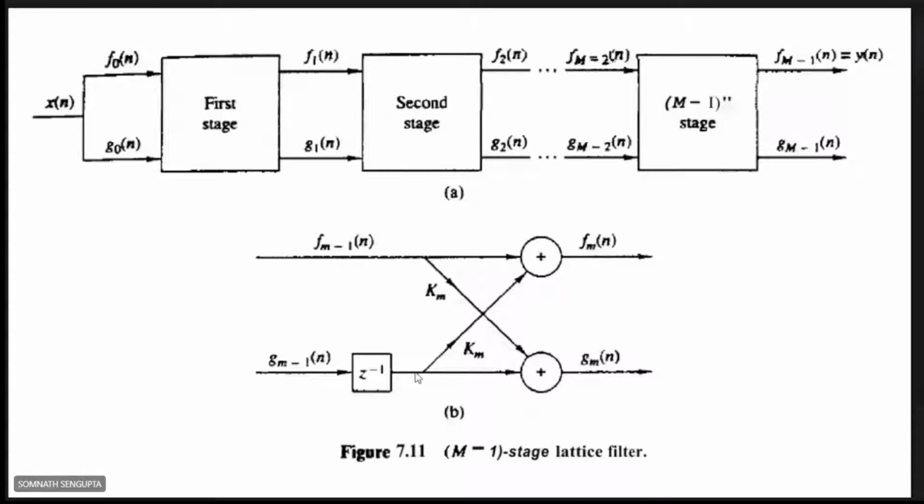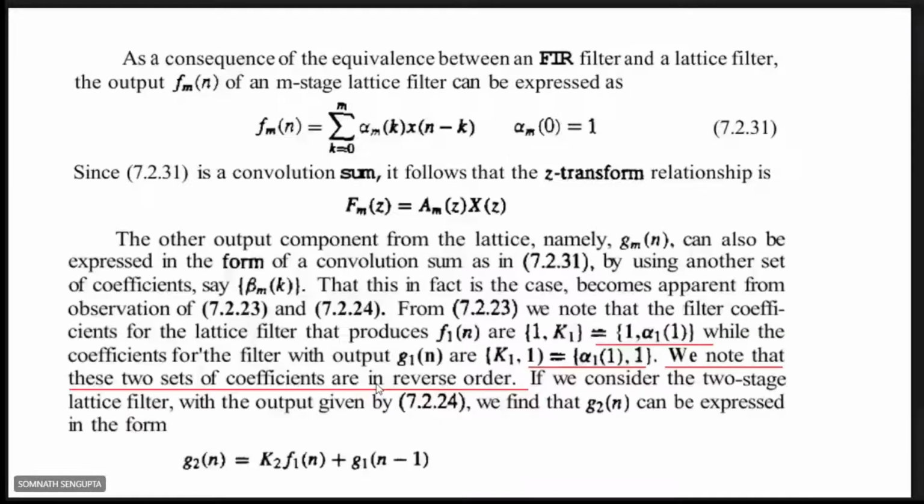Now some analysis. If your output is yn, in terms of lattice your main output is fmn.